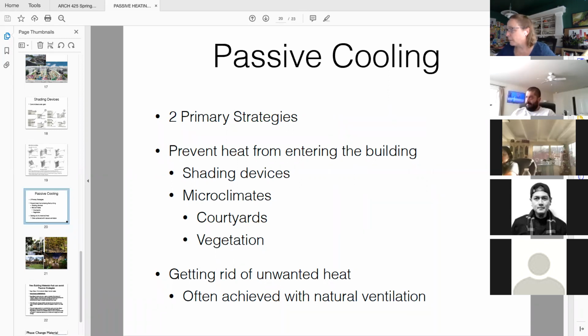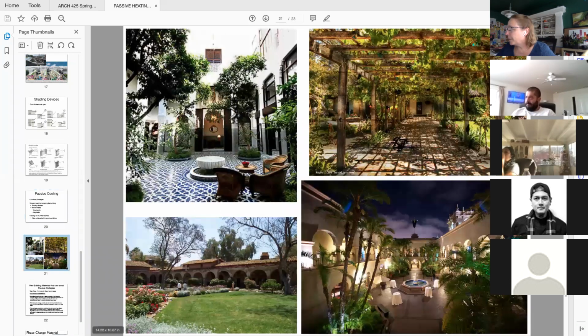Okay, so microclimates. Here are a few examples. I'm hoping most of you would recognize the one in the lower left. I think it's technically called the House of Hospitality, where the Prado restaurant is in Balboa Park.